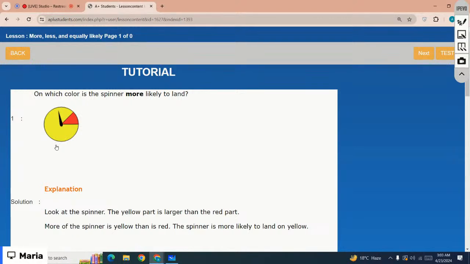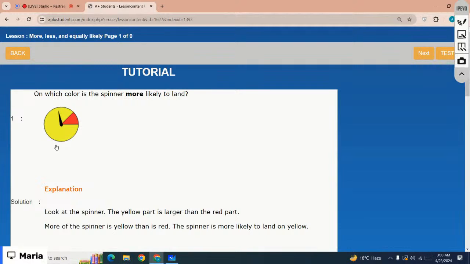That means the spinner is more likely to land on yellow because most of the portion of the spinner is yellow. Got it? So most likely it will land on yellow, because the spinner has more portion yellow than red, right?